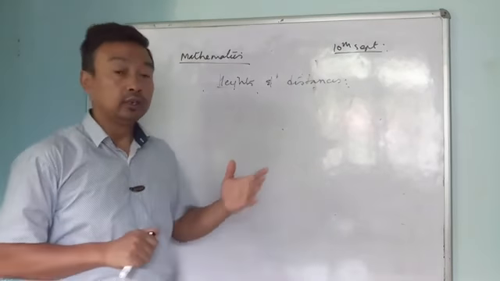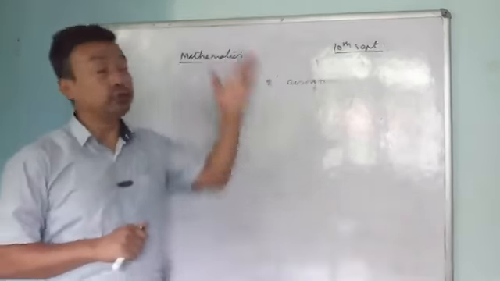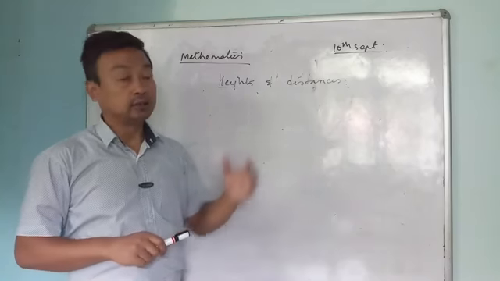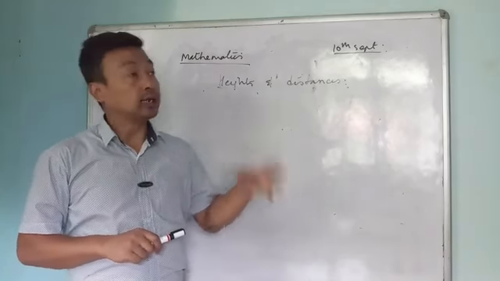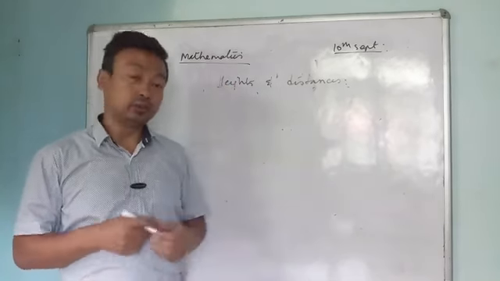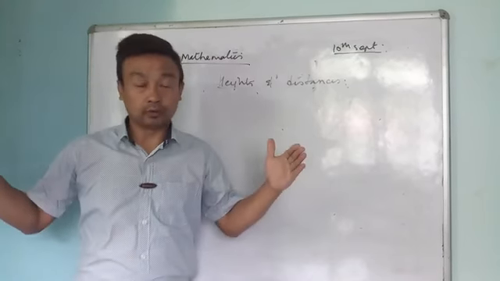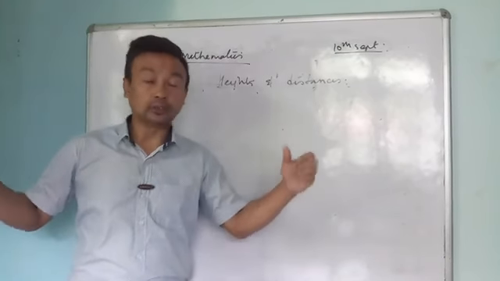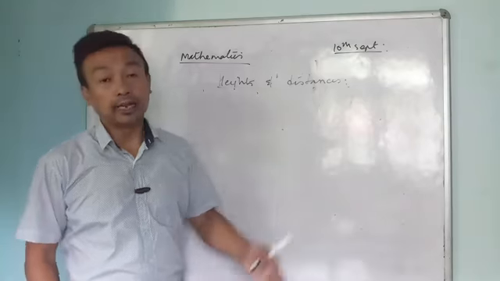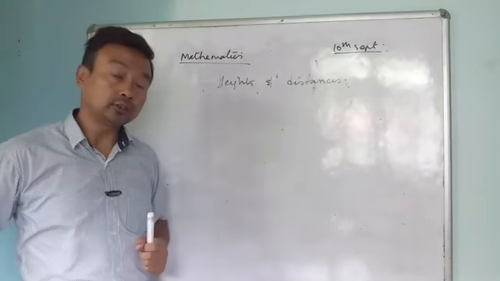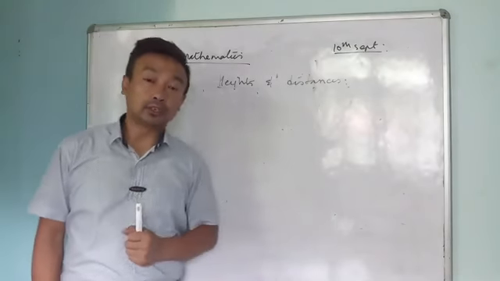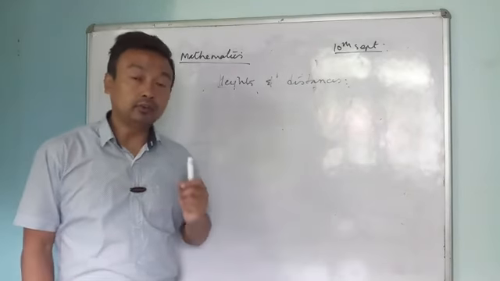For example, if you want to find the height of a tree, it is practically very difficult to climb up and find its height. Or if you want to find the width of a river between the two banks, or the height of a mountain, all these are practically very difficult.